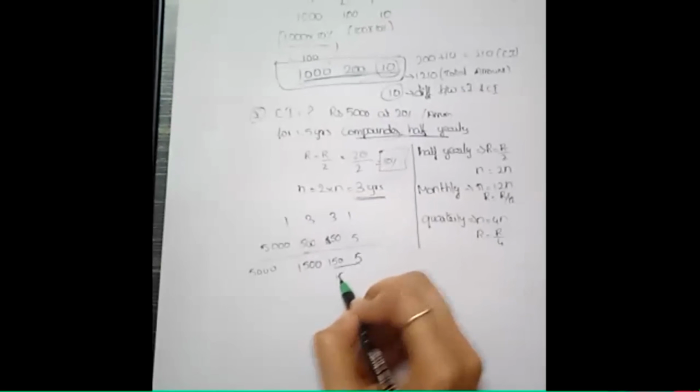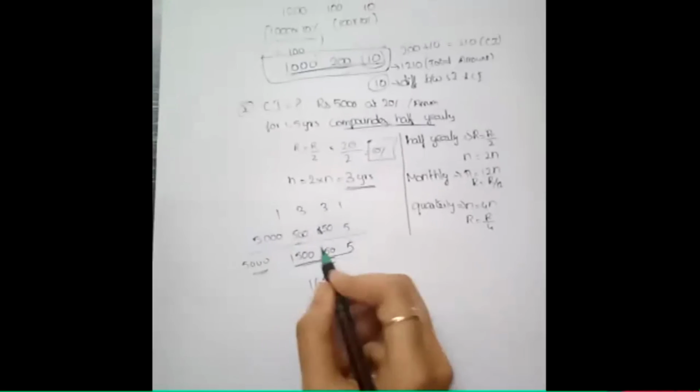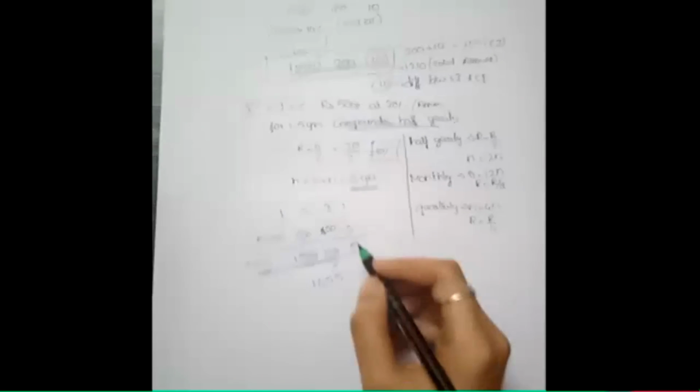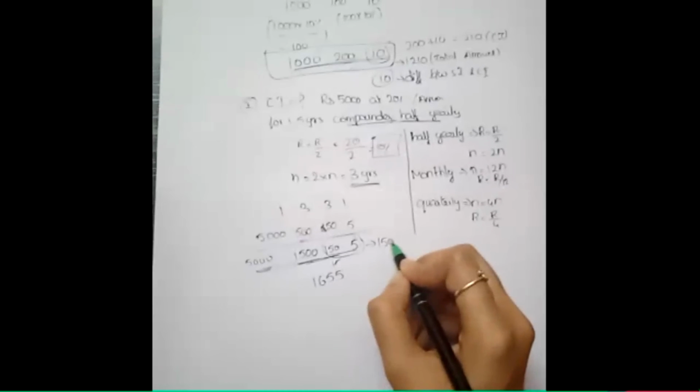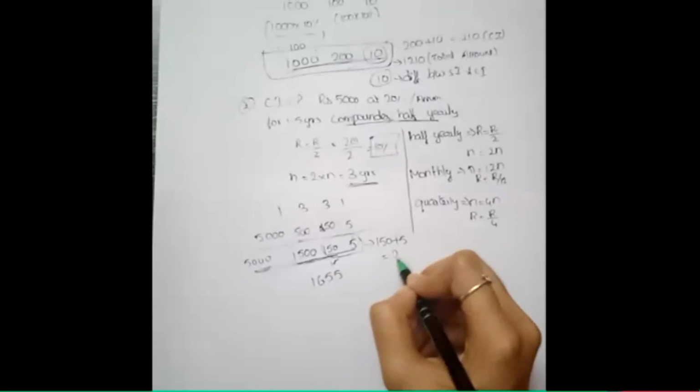Compound interest is nothing but we should omit the first column and then add these three, right? So 1,655. Total amount is nothing but we should add all these 4. Difference is nothing but we should omit the first 2 and add the rest. So 150 plus 5 equals 155. This is the difference.